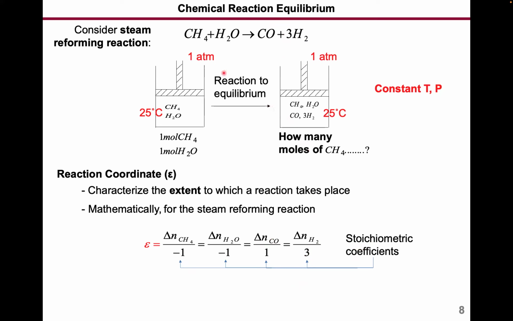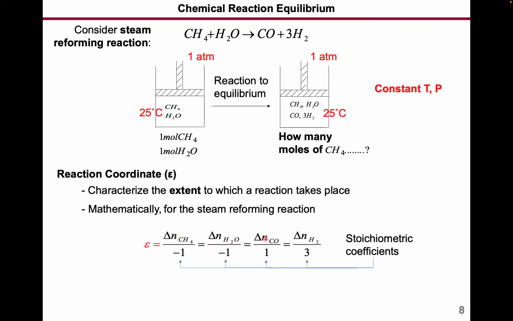Now for reactants, we know the change in the moles of the species is going to be negative because you are consuming reactants to form products. So this is negative, but negative divided by negative is going to be positive. And then your product is forming.